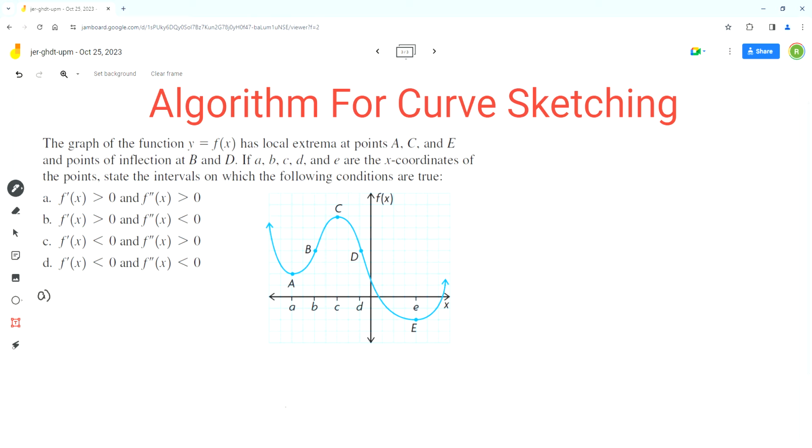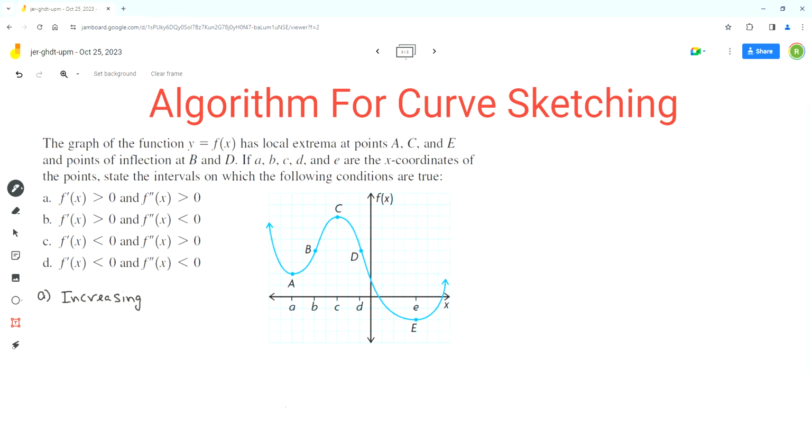As per part A, the first derivative is greater than 0. That means the function is increasing in that interval. Increasing function means that as we go from left to right, the curve is sloping upward, or the y value is increasing from left to right.